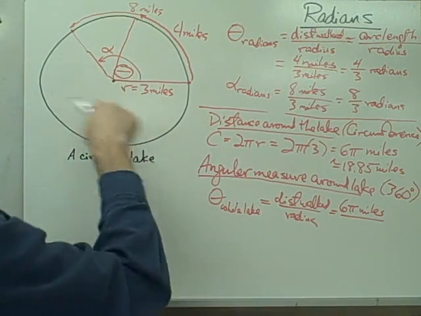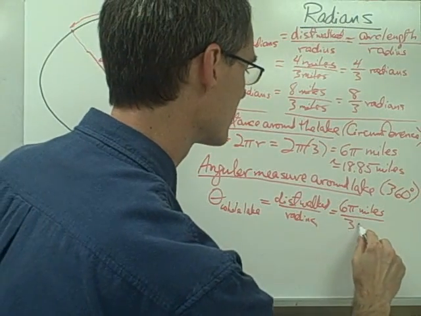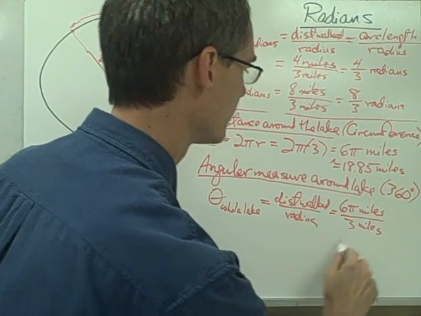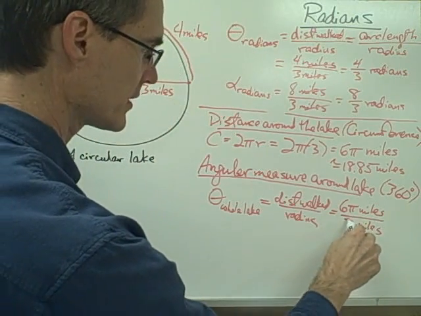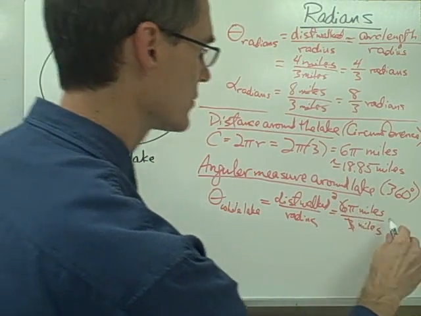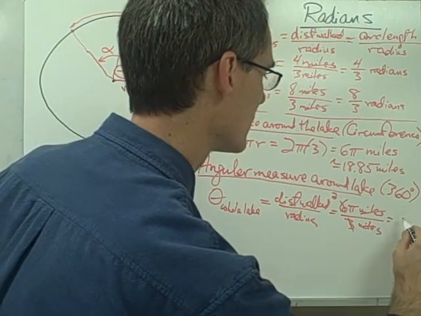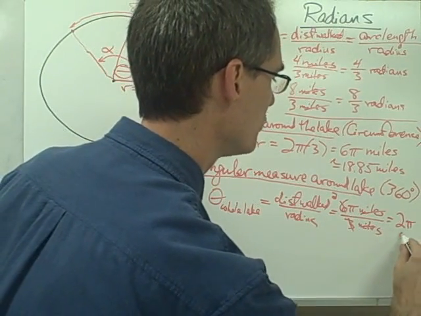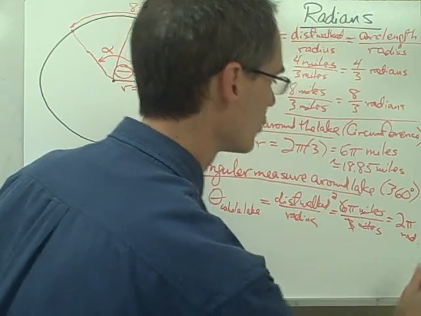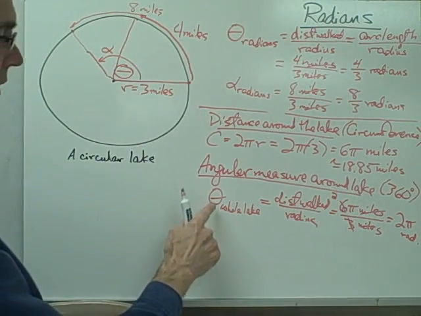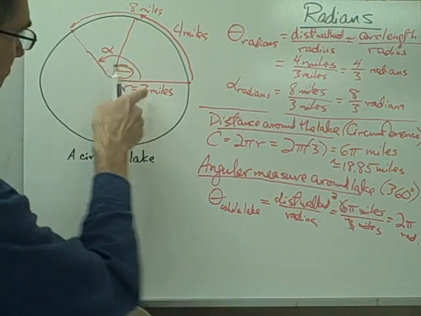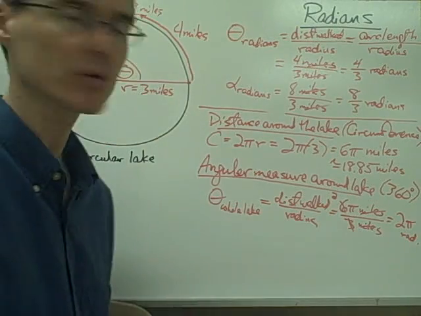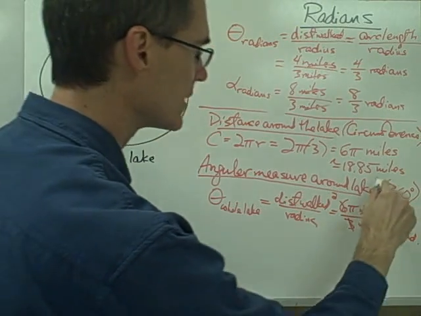The radius of my lake is 3 miles. And if I reduce this, 3 goes into 3 once, 3 goes into 6 twice, then this gives me a radian measure of 2 pi radians.